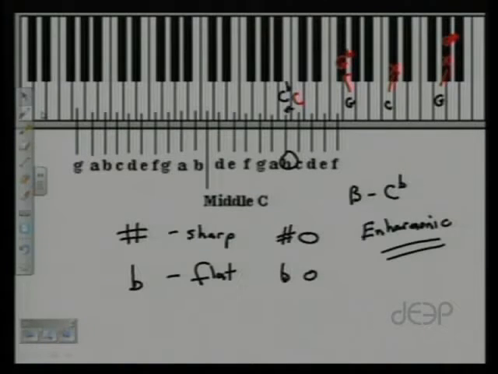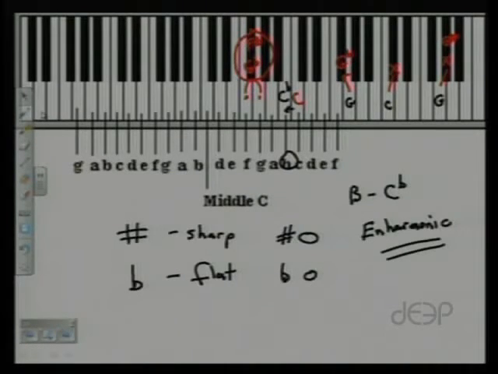A good example would be C flat and B. Another example of that might be F sharp or G flat. You'll notice that if the F is sharp, it's there, and if the G is flat, it's there. So that black key has two different names, F sharp or G flat. Those are enharmonic names.